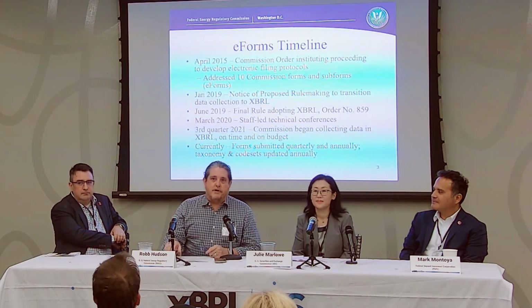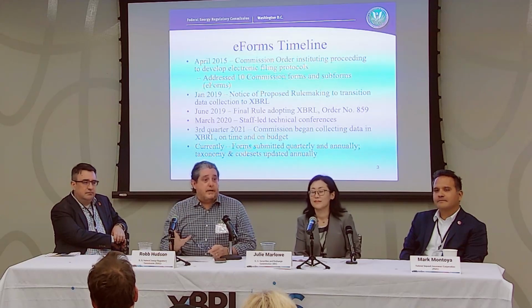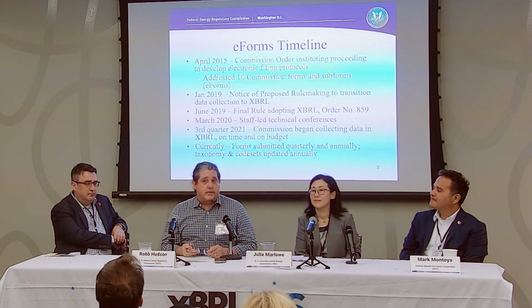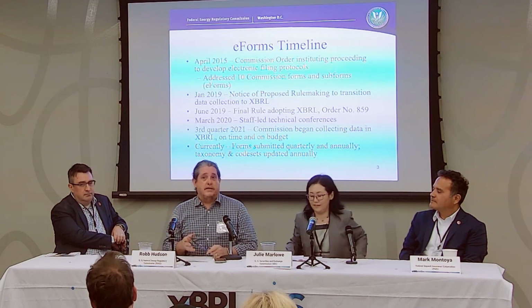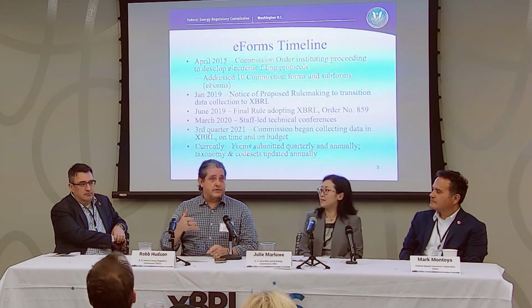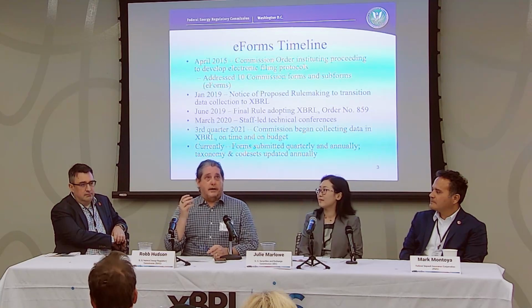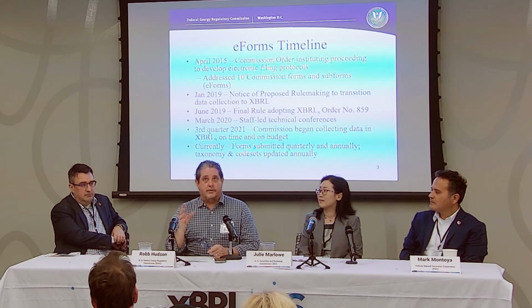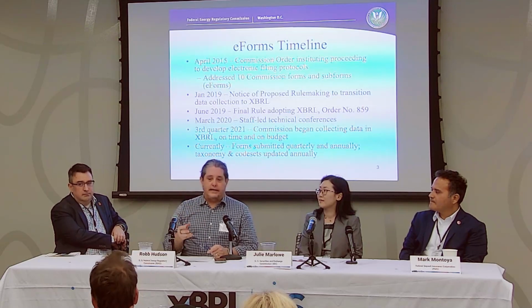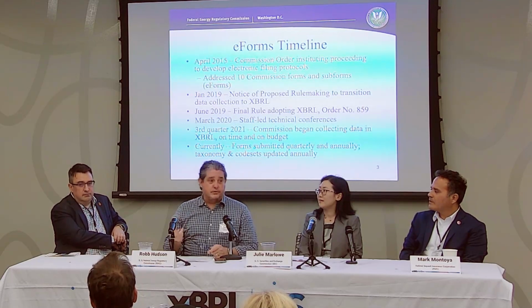So we have a project that's in publication right now called the e-form system. It's a collection of 10 forms and subforms of electric, gas, and oil pipelines, financial and operational data.